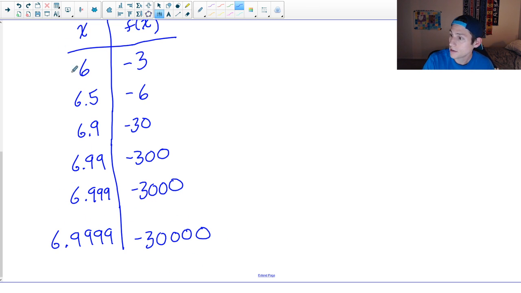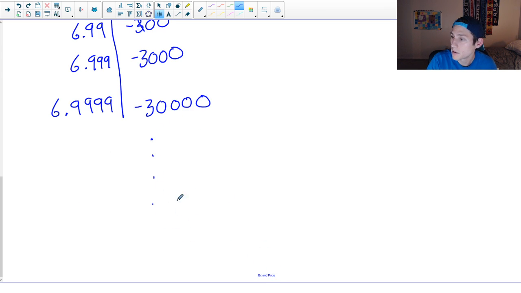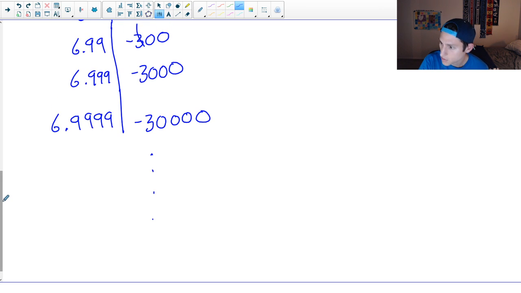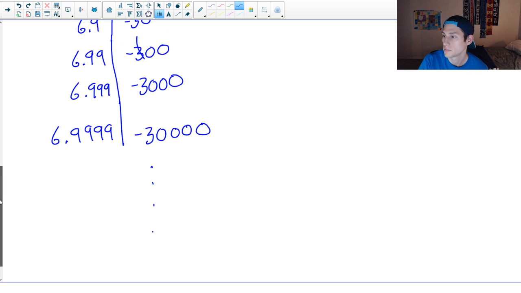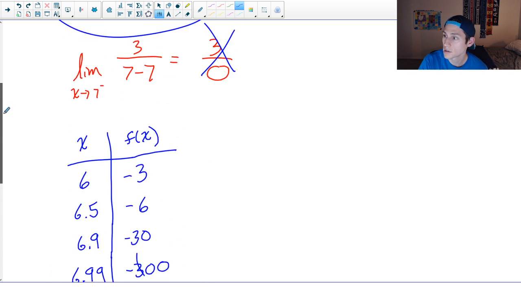As I keep adding 9s here, look what's happening to my y values. f of x is going from -3, -6, -30, -300, -3,000, -30,000. This is just continuing to get bigger and bigger, well, bigger in the negative direction. My next ones would be -300,000, -3 million, -30 million, -300 million, -3 billion. So it's just getting larger and larger in the negative direction.